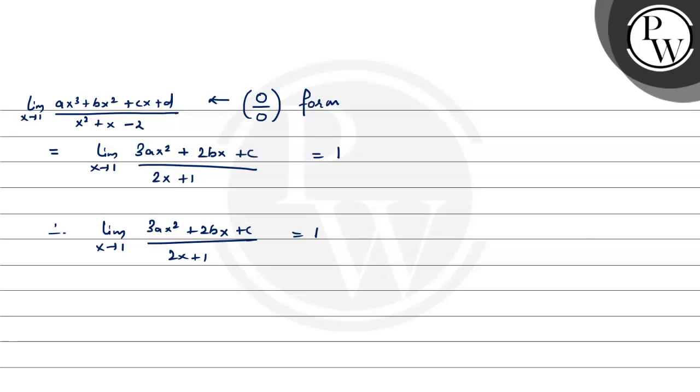So applying the limit, we get (3a plus 2b plus c) divided by 3 equals 1, that is 3a plus 2b plus c equals 3. Let's call this equation 2.